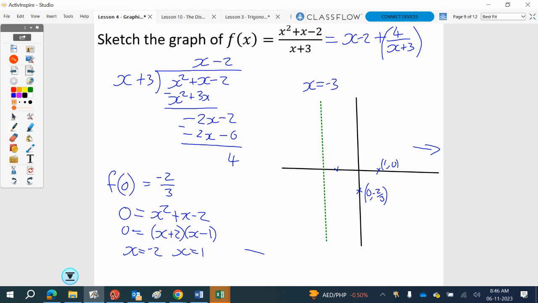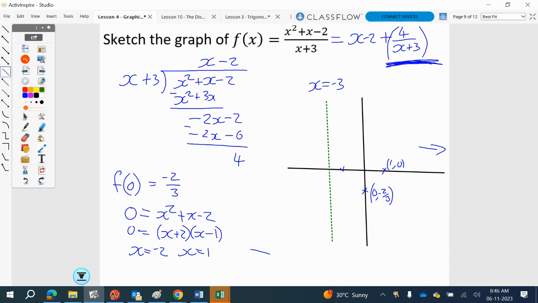So the function that we've got here, our f of x, this part here, as we go to infinity, that part disappears. That part will approach 0. So this function will approach the line, we have an oblique asymptote, y equals x minus 2, the linear function.